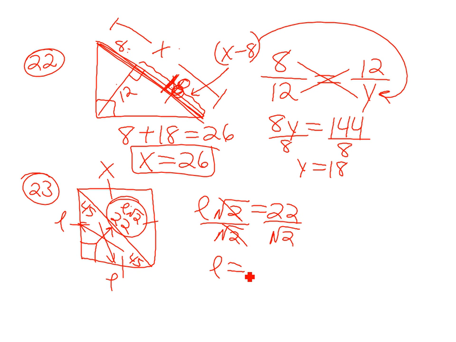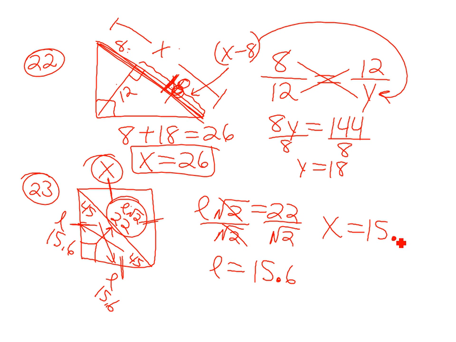You end up with 15.6. That means this side over here is 15.6, this side's 15.6. Well, we weren't looking for either one of those sides, but we knew that all 4 of these sides were the same. So that means our X has to also be 15.6.